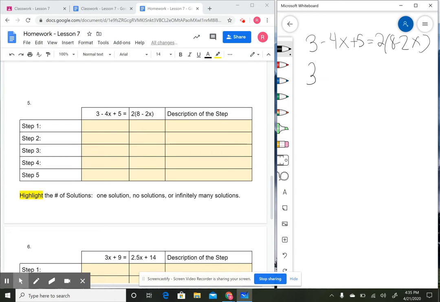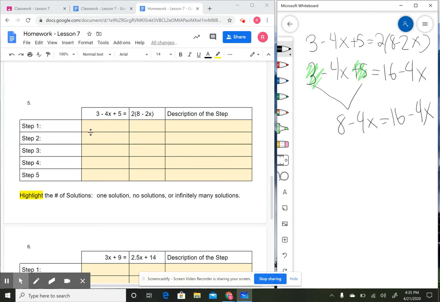So I'm going to multiply that 2 inside the parentheses first. 2 times 8 is 16. 2 times negative 2x would be negative 4x. Next thing you notice is that there are two constant terms on this side, so I'm going to combine them into 8. 8 minus 4x is equal to 16 minus 4x.